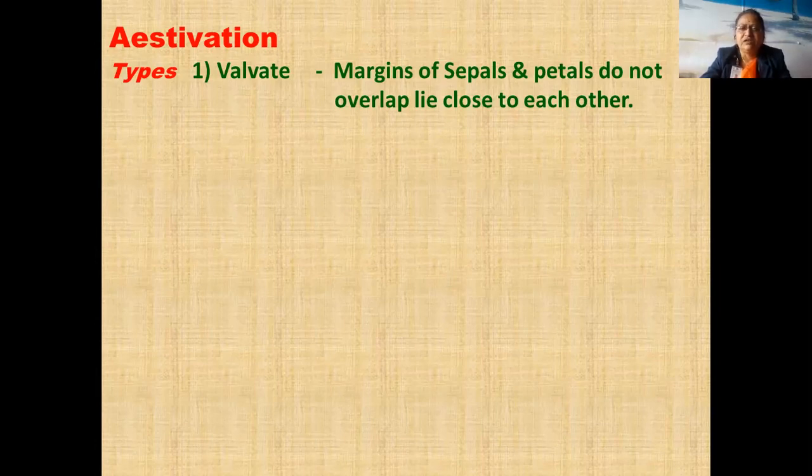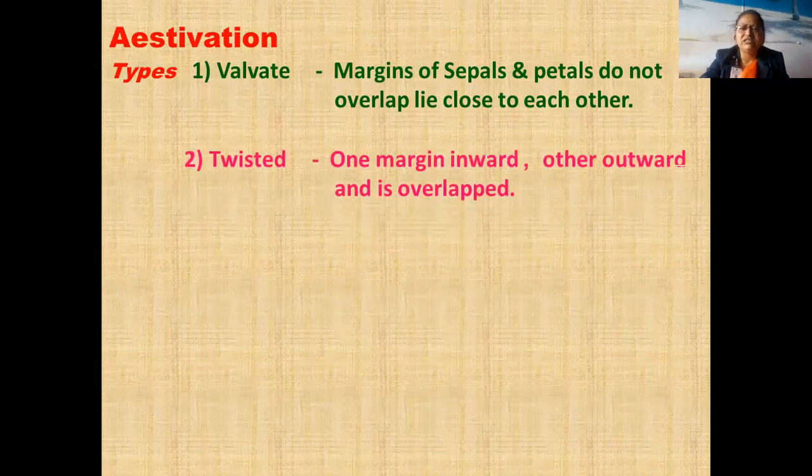Example, in case of China rose plant or datura plant and calotropis plant, valvate aestivation is observed.